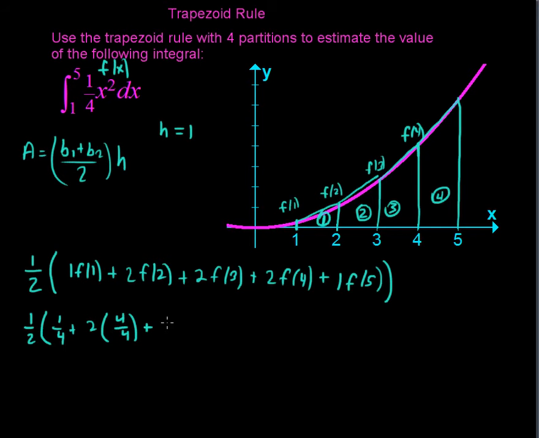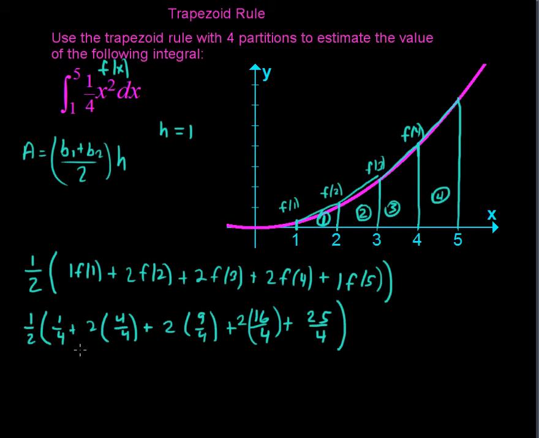Plus the next one is 3 squared, which is 9 divided by 4. 4 squared, which is 16 divided by 4. Plus 5 squared, I forgot to multiply that one by 2, bring that 2 down. 5 squared is 25, and then over 4 again.